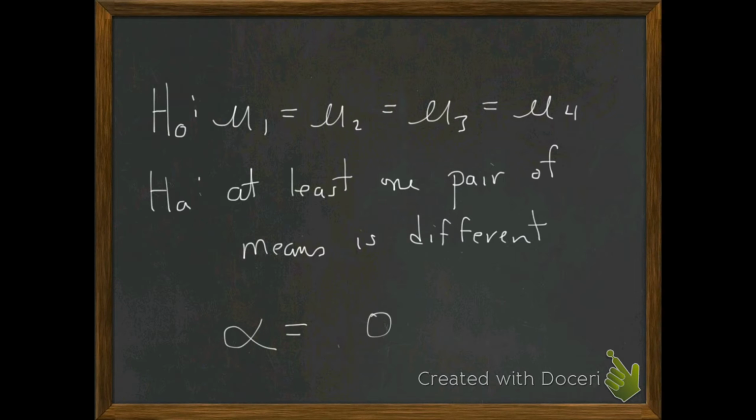As I don't see any reason not to test at 0.05. You know, you might want to examine the consequences of a type 1 and type 2 error. I'm not going to do that. I'm going to assume 0.05 is suitable.